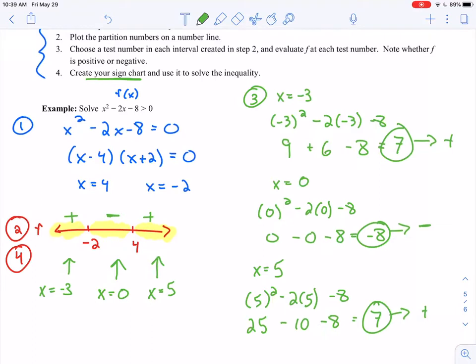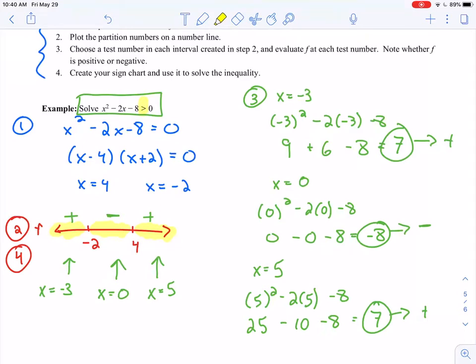So at this point, most of the work of this problem is done. I really just need to interpret this sign chart and use it to help me solve the inequality. When I interpret this sign chart, I'm going to look back at my original inequality right here. The thing I want to pay attention to is, what is our inequality saying?